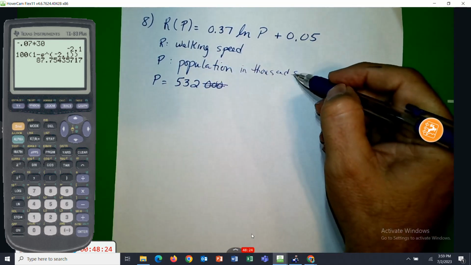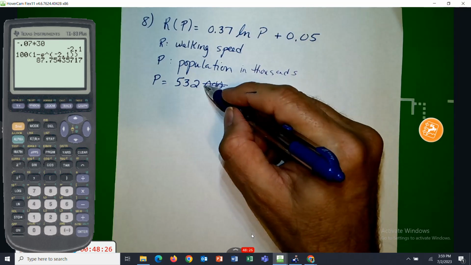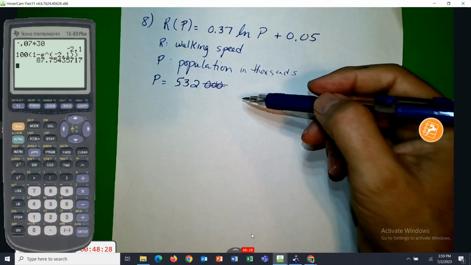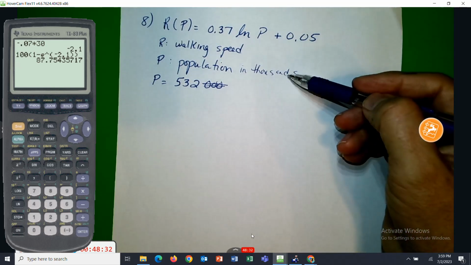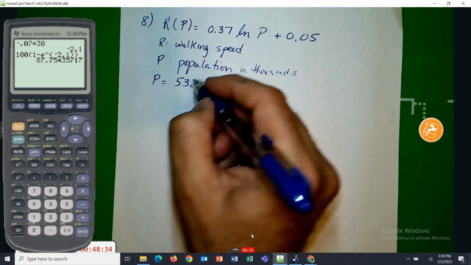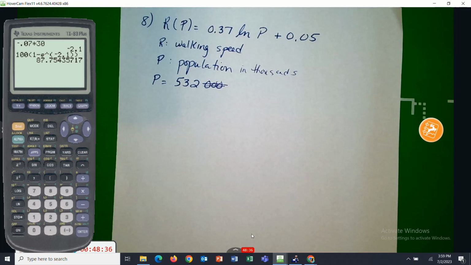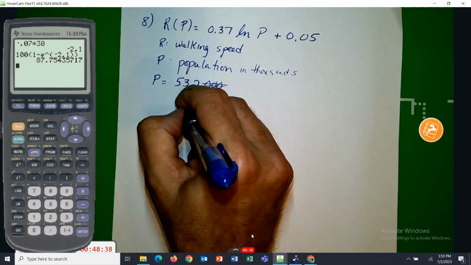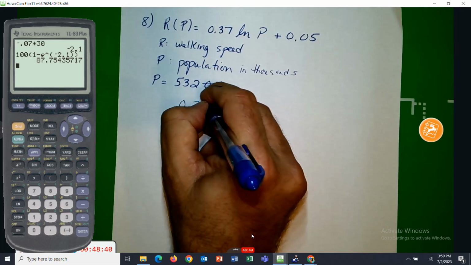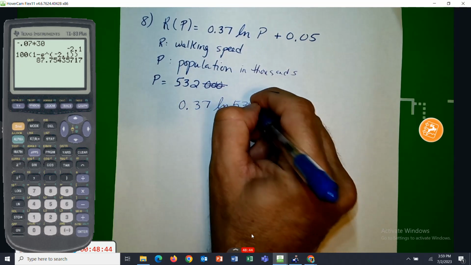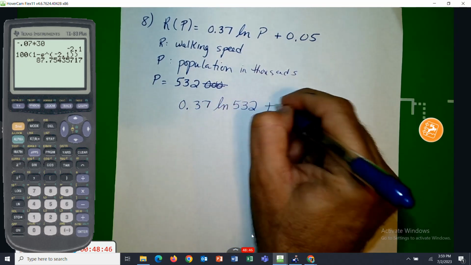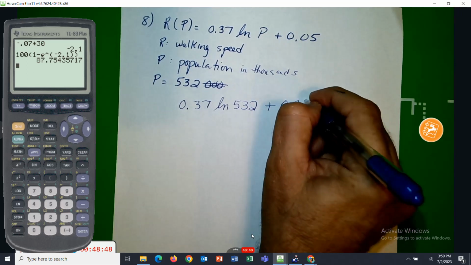Y'all see why I marked off these 3,000s? P is not just population. It's population in thousands. So we're going to plug a 532 in for P. So we have 0.37 ln P plus 0.05.